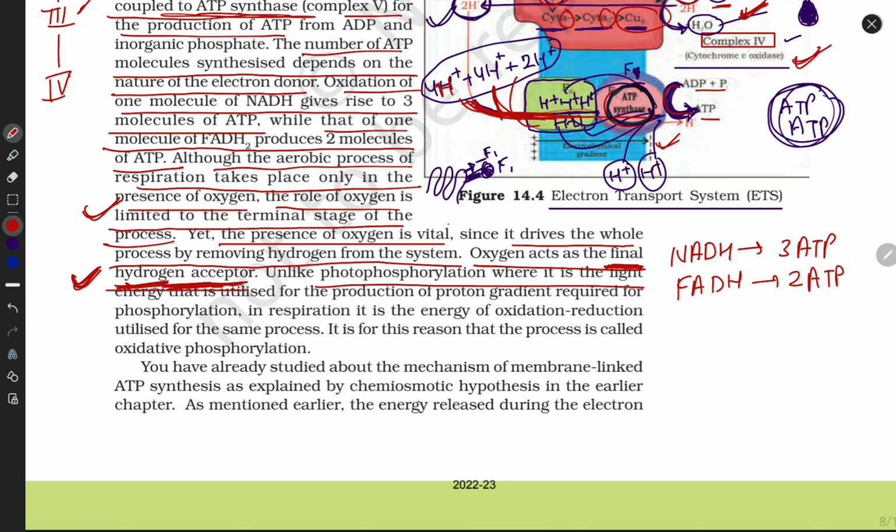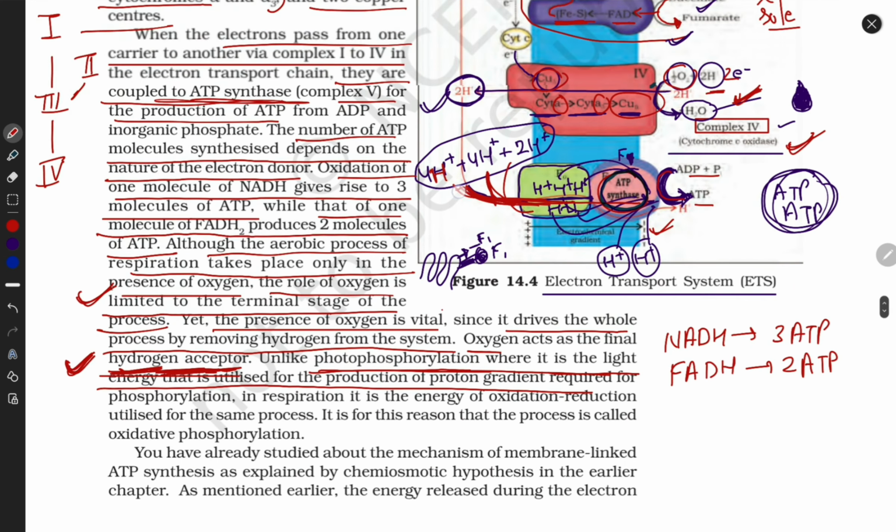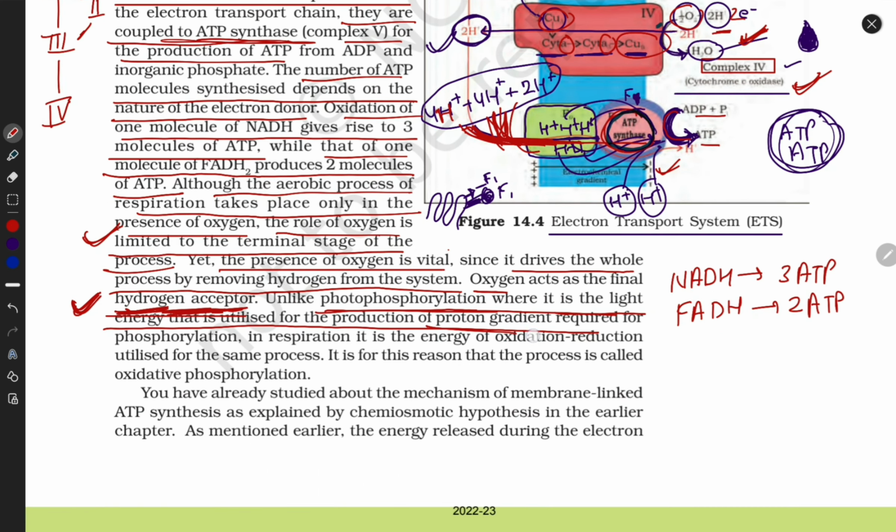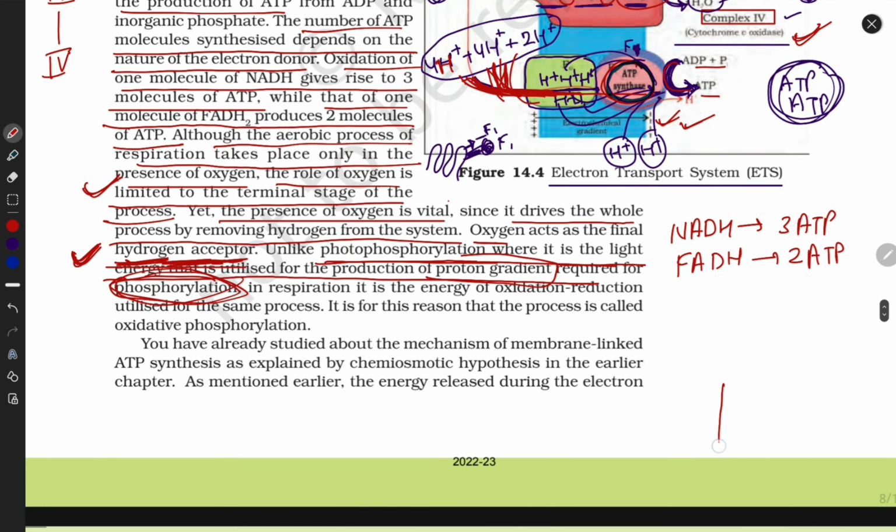In phosphorylation, the energy is utilized for production of the proton gradient required. Here multiple protons come, so they make a proton gradient. This pump is attached to the inner membrane. This is the inner membrane, this is F0, and this is F1; we call it ATP synthase.